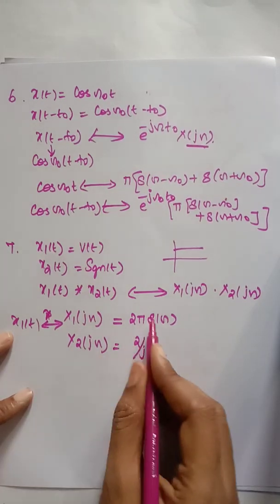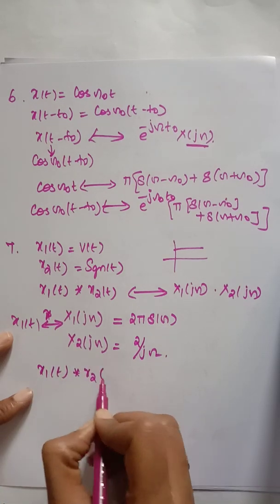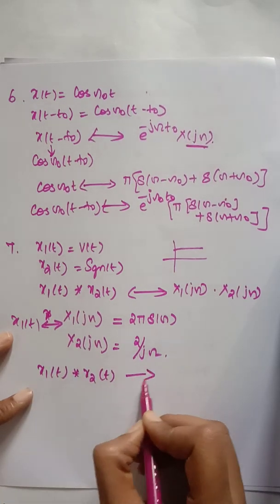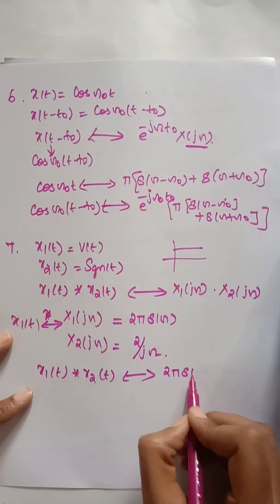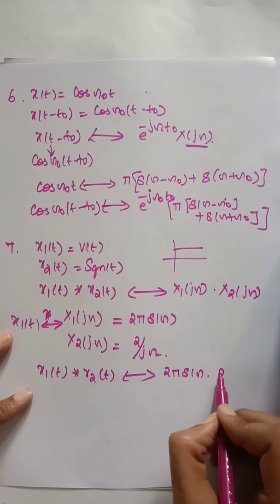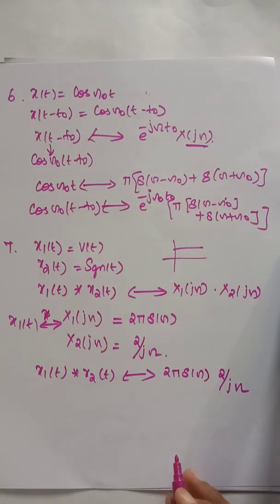So when you want to find x1 of t convolution x2 of t, you will get 2 pi into del of ohm into 2 divided by j ohm. This is the answer you will get for this.